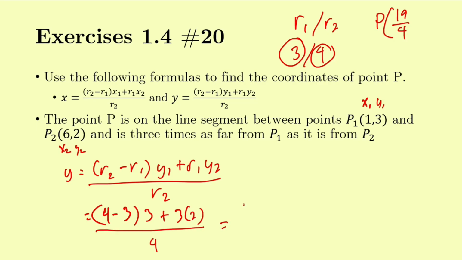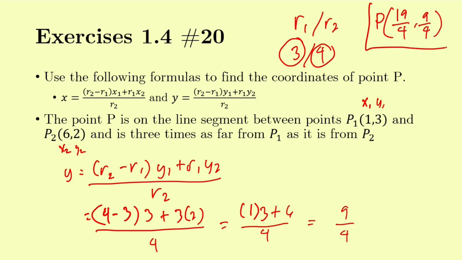That's equal to 1 times 3 plus 6 all over 4, resulting in 9 over 4. So, ang y-coordinate ng P is 9/4. This is the coordinates of point P. And that's our final answer.